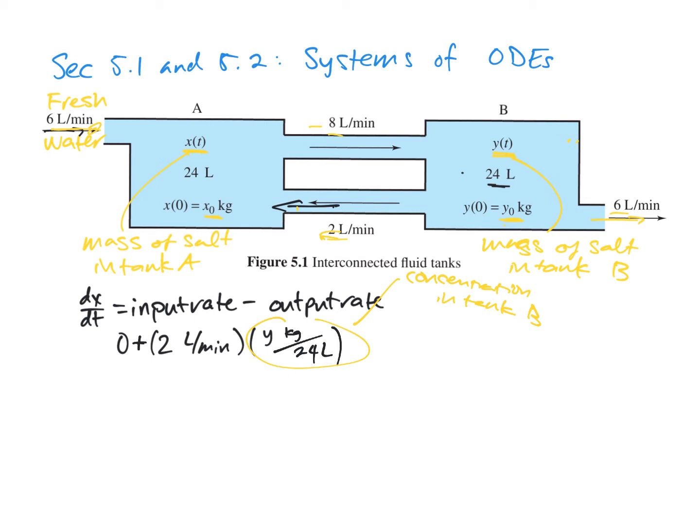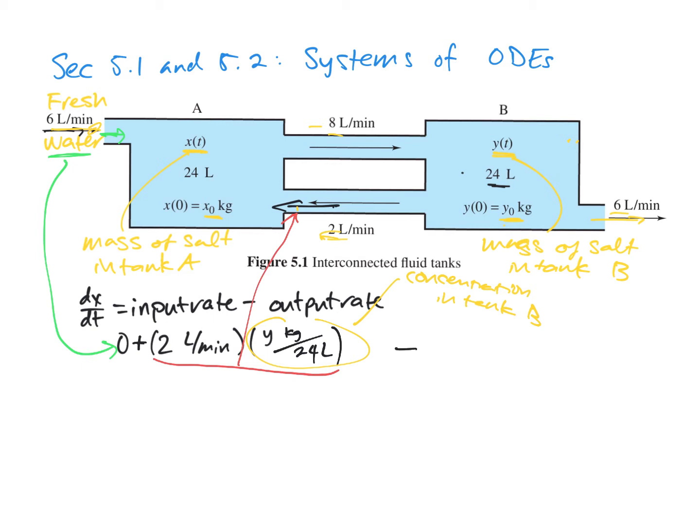So these are the inputs. That 0 is the input from this part right here, and this here is the input from that tank right there, that pipe. And then the last pipe is an output rate, the only term in the output rate.